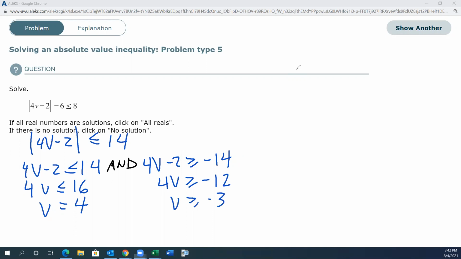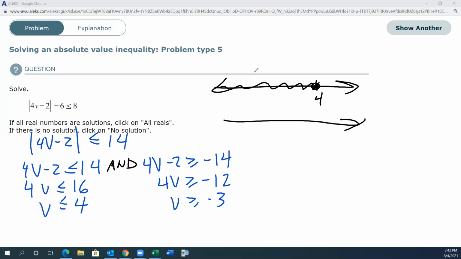Okay, so we have, oh, whoops, wrote that down. It's supposed to be less than or equal, not equal. Okay, so the first one over here, we have v less than or equal to 4. And the second one is v is greater than or equal to -3.